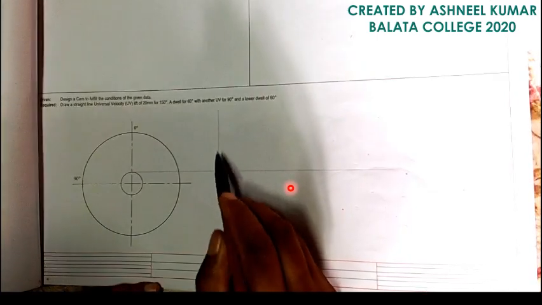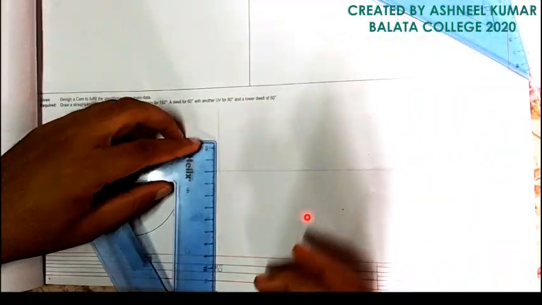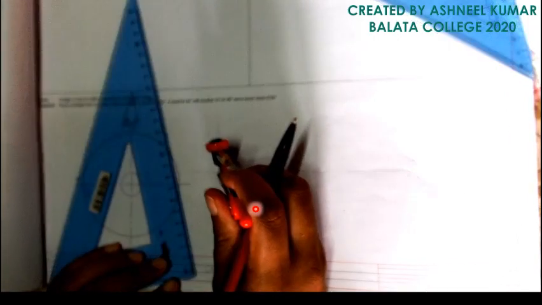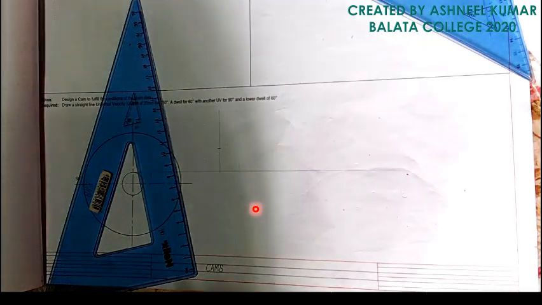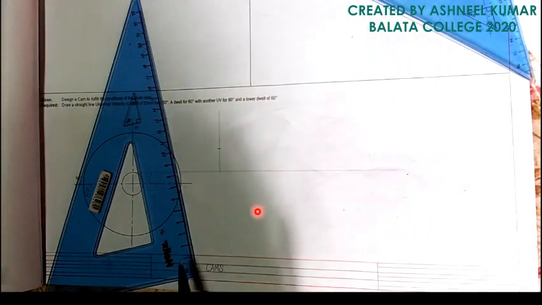Right? So it says uniform velocity lift of 20. On the vertical line we have drawn, we are going to measure 20 mm. On that we are going to measure 10 mm.